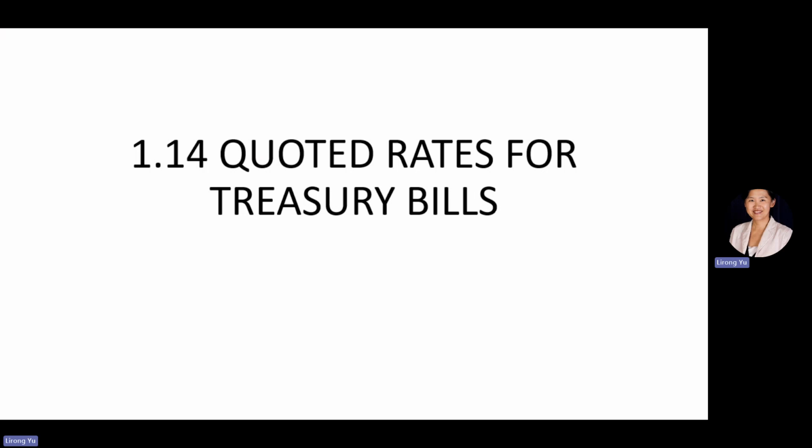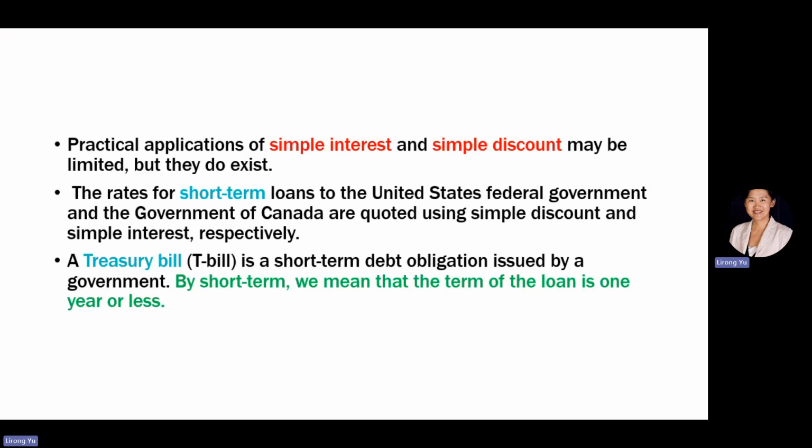When you talk about treasury bills, we're talking about treasury bills in the US and in Canada. A treasury bill is actually a short-term bond issued by the government, and that's why we are probably using simple interest or simple discount. This is the introduction in the book.